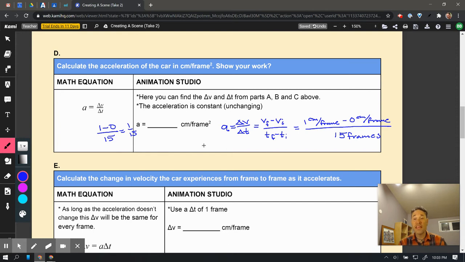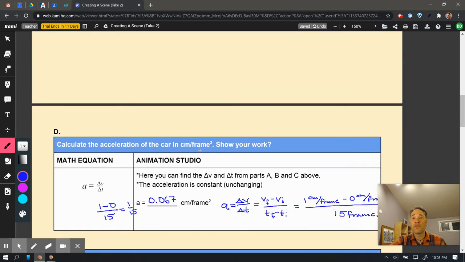And 1 over 15 we could do on a calculator if we wanted to. So 1 divided by 15, and the answer to that is 0.067. Right, 1 over 15, 0.067. So how do I know that this is 15?